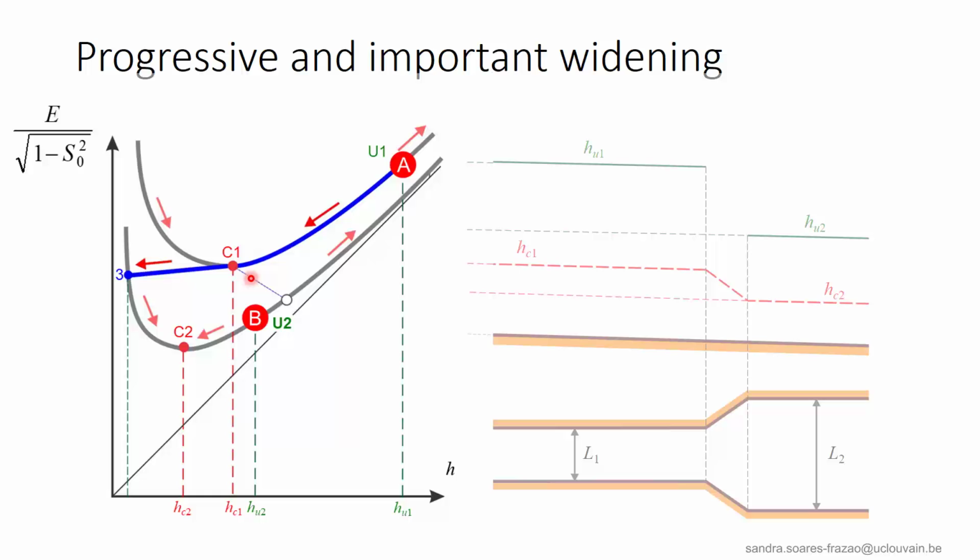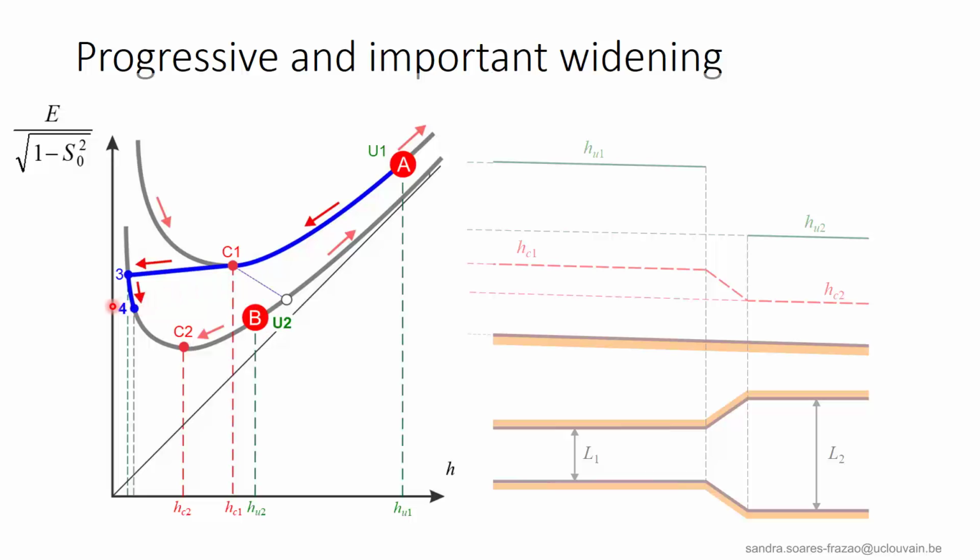So, instead of reaching point B directly, the flow depth will decrease in the transition until point 3, which is the only possibility to further decrease the specific energy. This point is below the critical depth HC2, so it will only be possible to reach point B with a hydraulic jump.